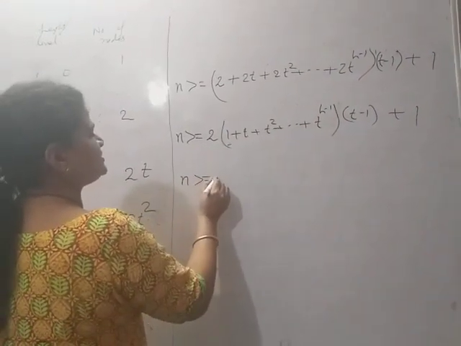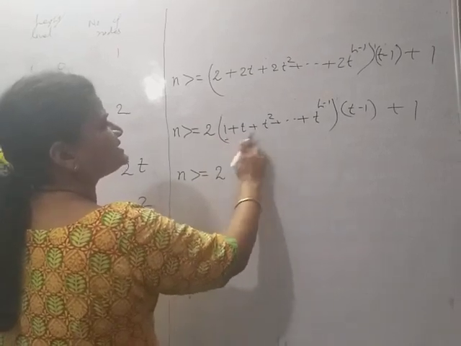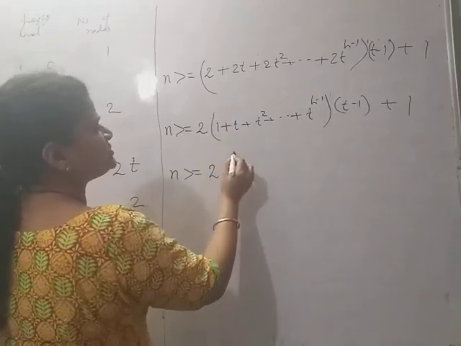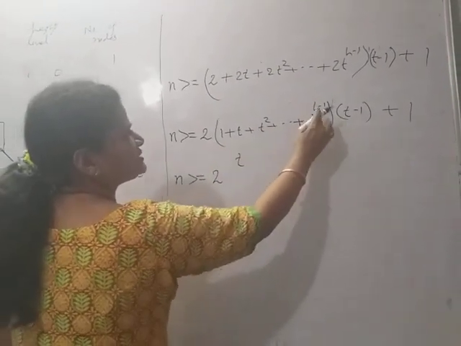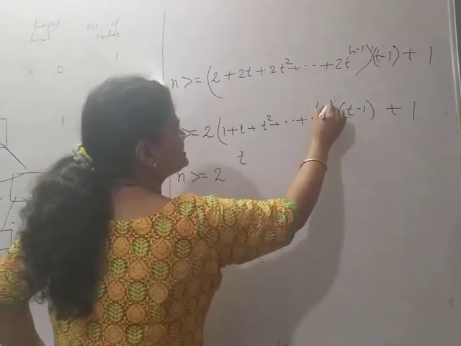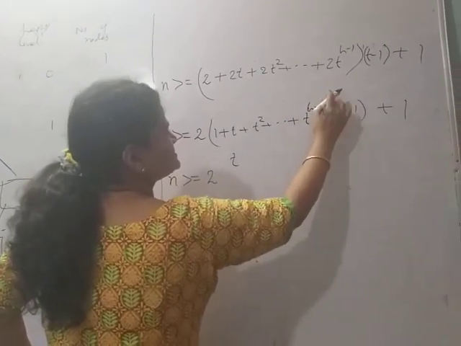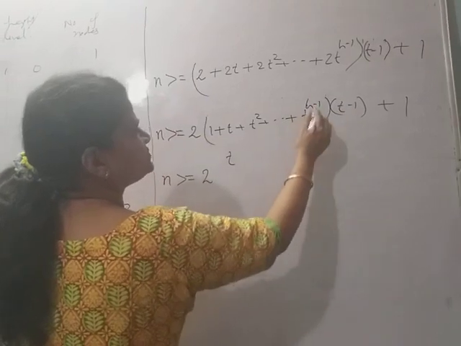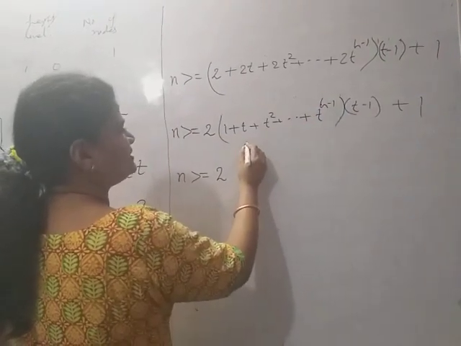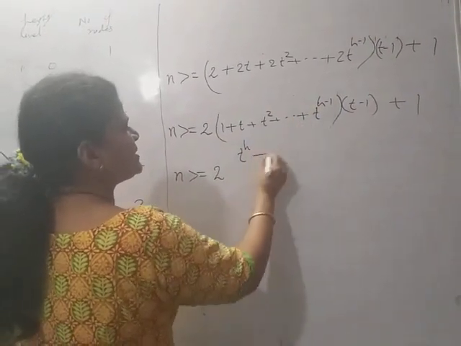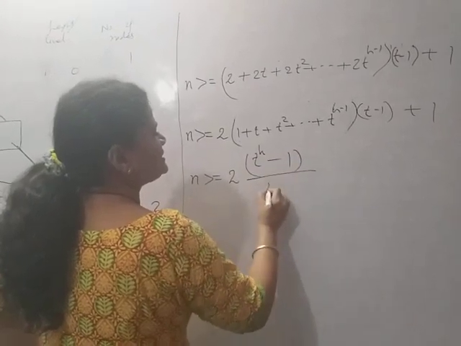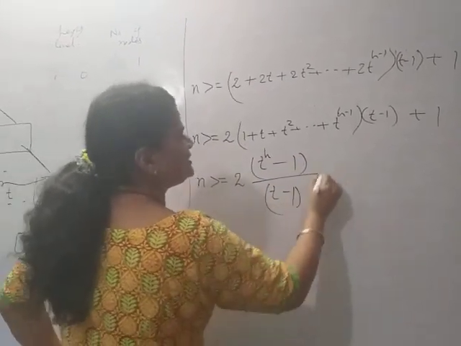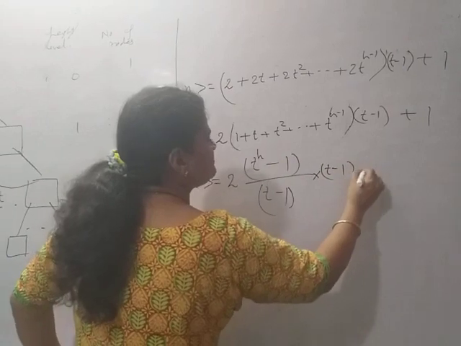So n is greater than or equal to 2, where t is the geometric ratio. So t to the power, there are total h terms here, so t to the power h minus 1 upon t minus 1, into t minus 1, plus 1.